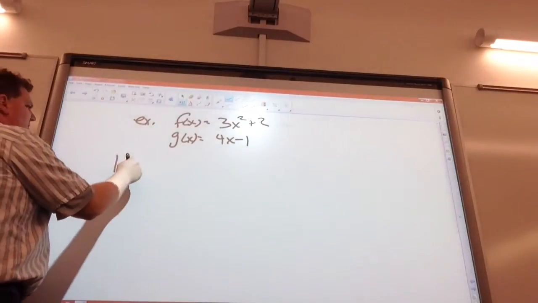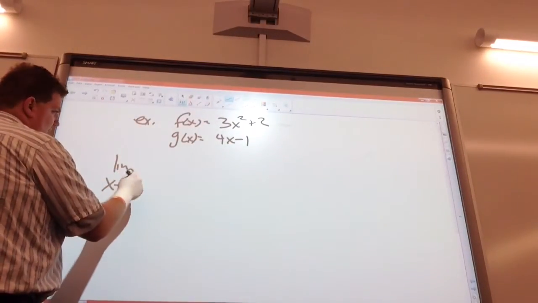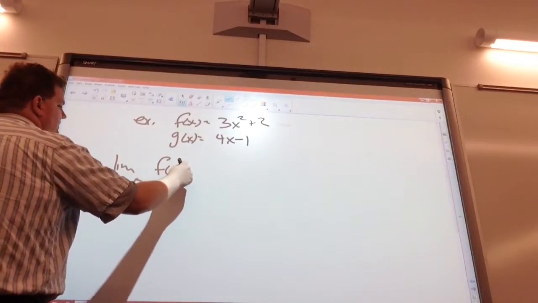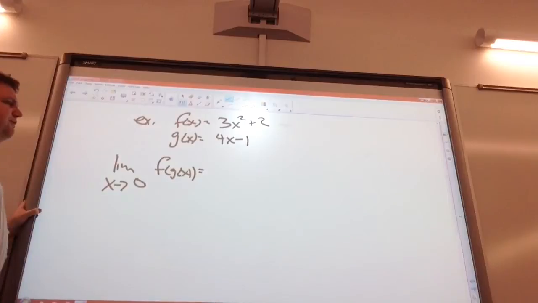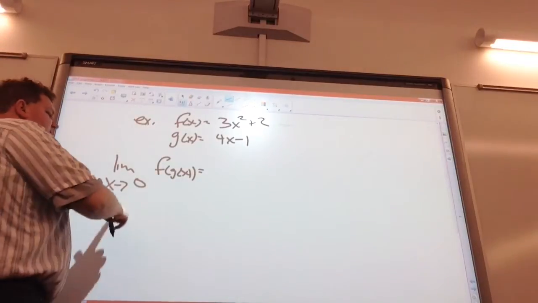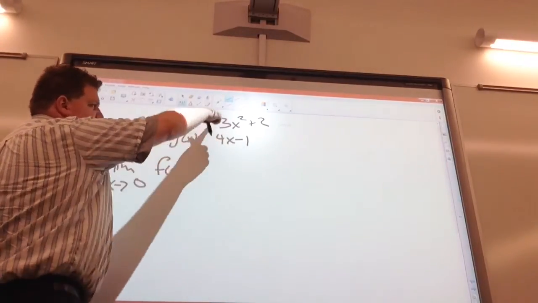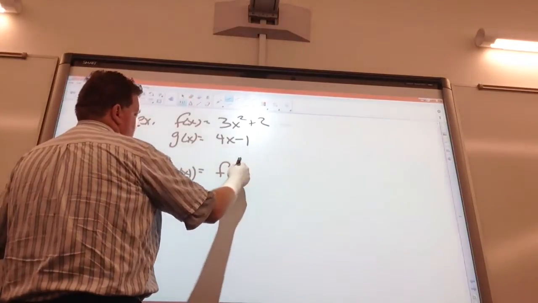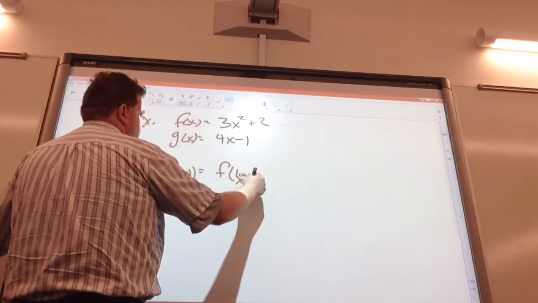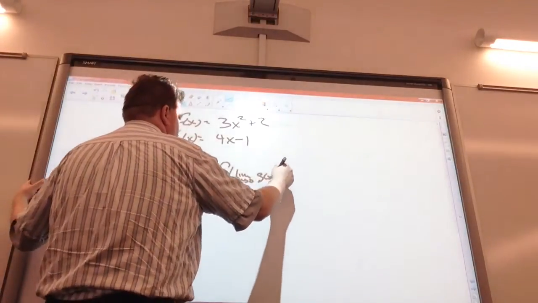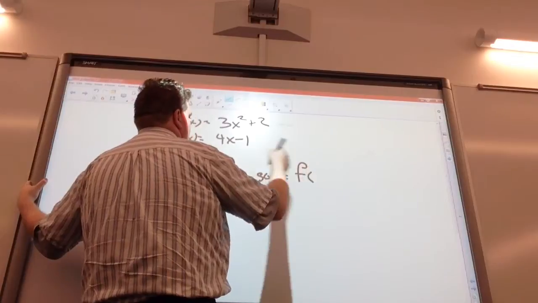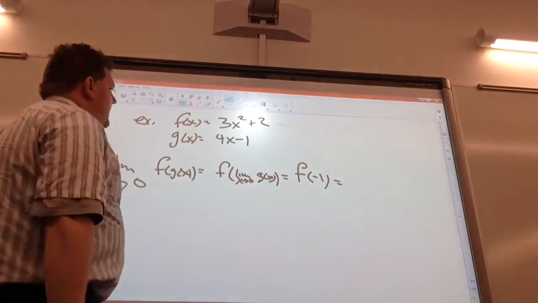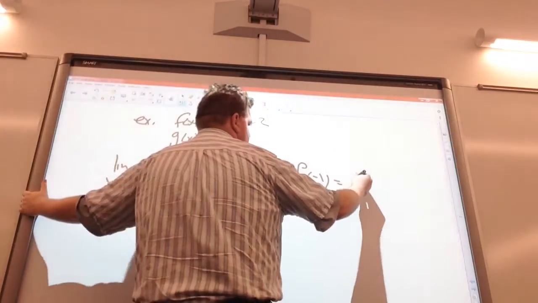Then the limit as x goes to 0 of f of g of x, I could just figure out what the limit as x goes to 0 of g of x is and plug that into f of x. So this is really f of the limit as x goes to 0 of g of x, which is f of negative 1, which gives me 3 plus 2, so 5.